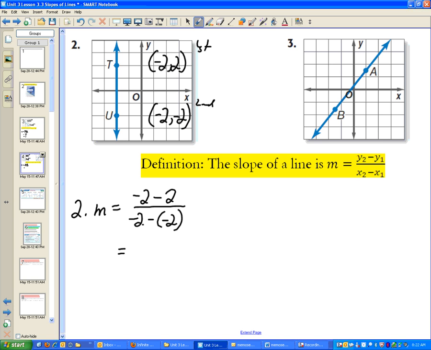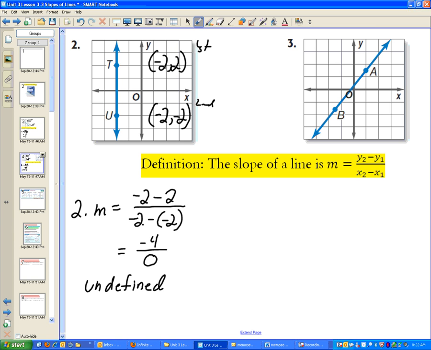So we get -4 for our numerator, but we get 0 for our denominator. And we can't divide by 0, can we? It's undefined. There is no definition of dividing by 0. In math, if things aren't defined, then you can't do it. So there is no definition of how to divide by 0, so we say that the slope is undefined.